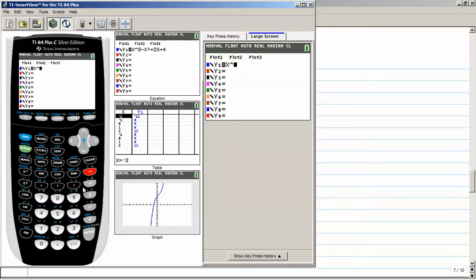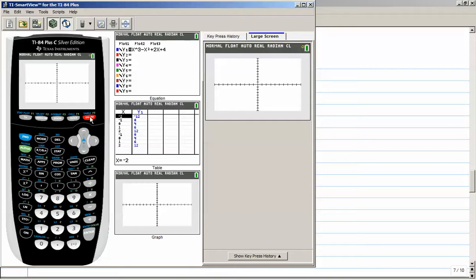I have x to the fourth plus 6x cubed plus 73x squared plus 384x plus 576. Okay, let's see what the graph of that looks like.